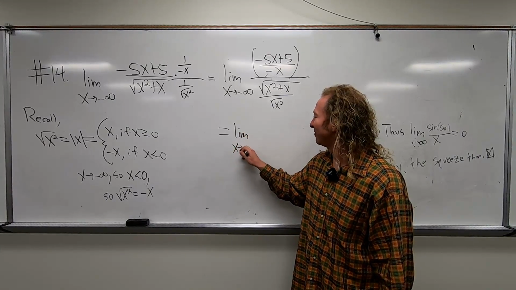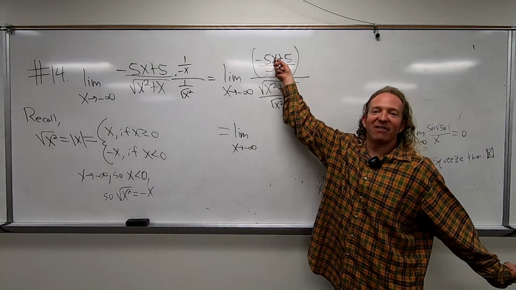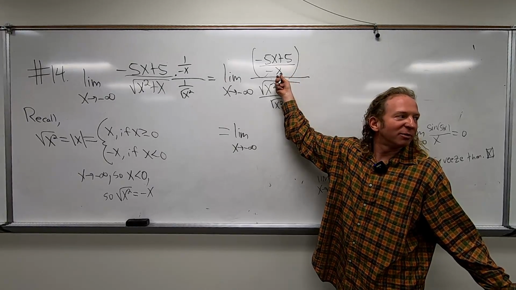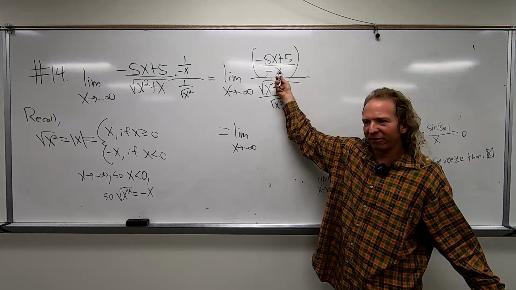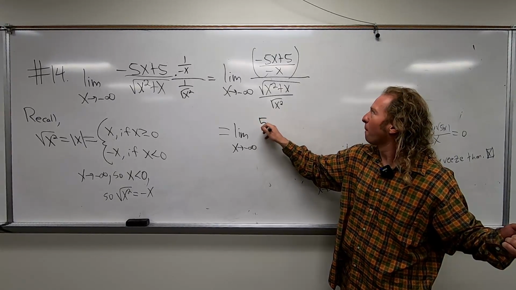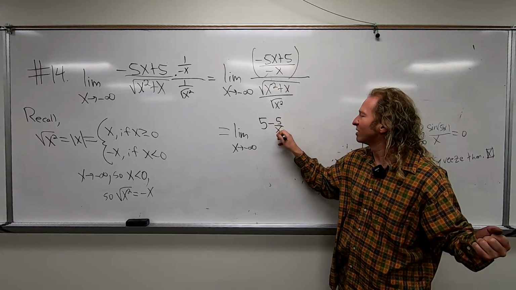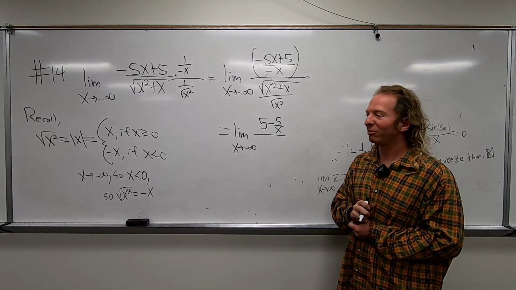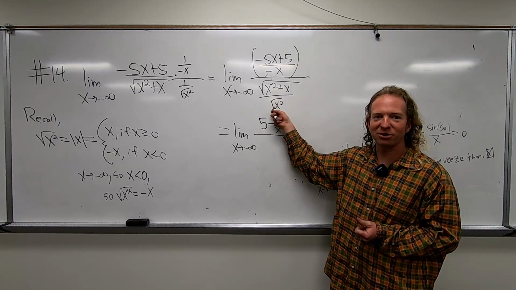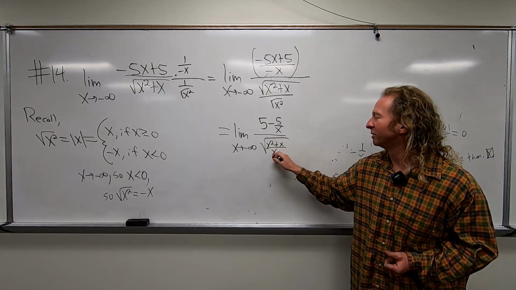So this is equal to, I am so hungry. This is x approaches negative infinity. Negative 5x over negative x is going to be 5, right? Because they're both negative, is that right? 5 minus 5 over x. I haven't messed up today. I feel like I'm going to. And then you can combine these using the same square root. This would be x squared plus x over x squared.